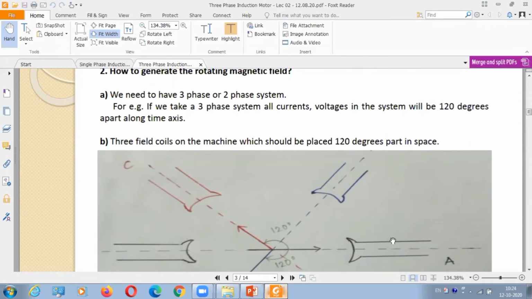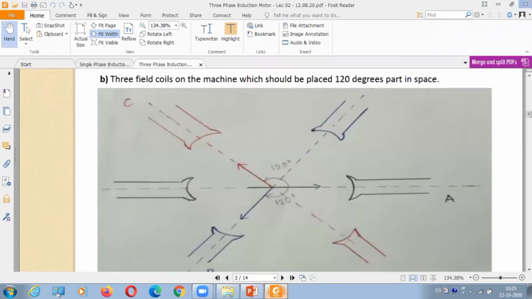Torque is directly proportional to voltage square, so the starting torque which would have been developed at 440 volt will not develop at 220 volt. That's why I think Saket had asked that question. So that's why the single phase couldn't have been split into three phases and given to a three phase induction motor. That's the reason.